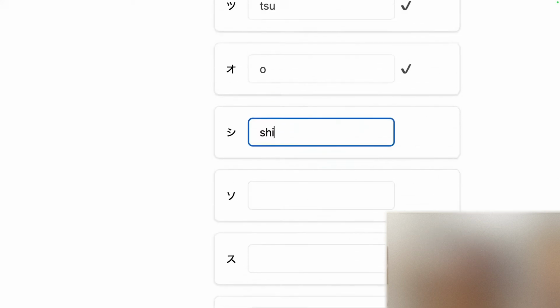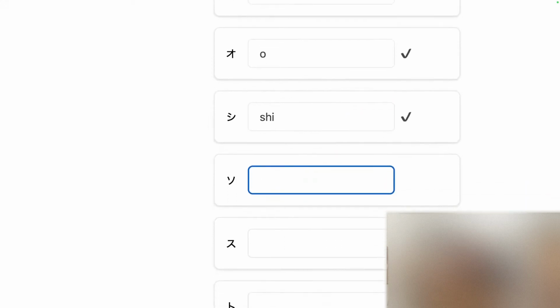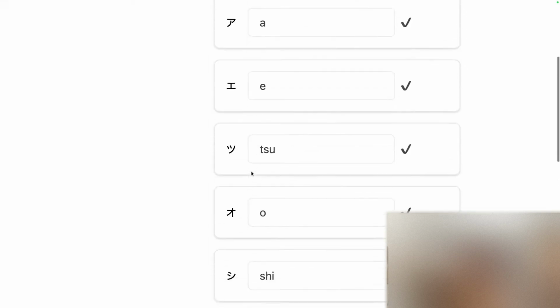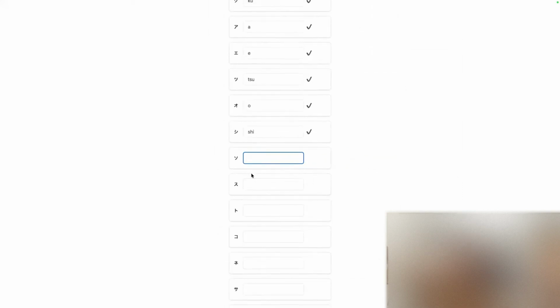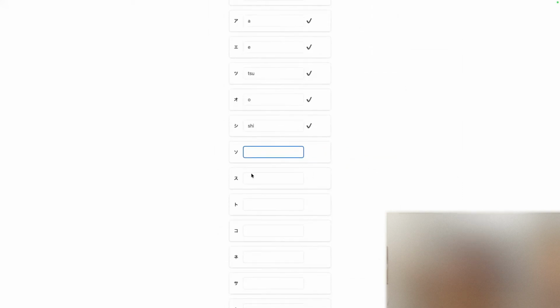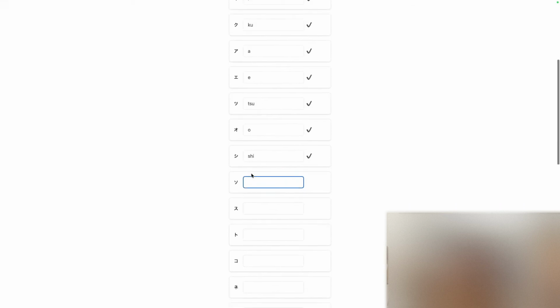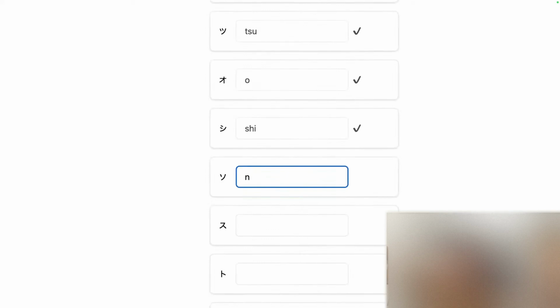This is O. This one is she. And this one, oh, what on earth? There's more. I think this is like one.